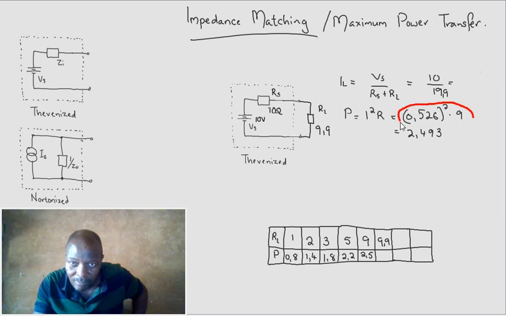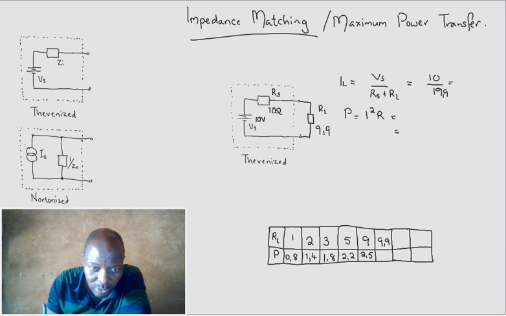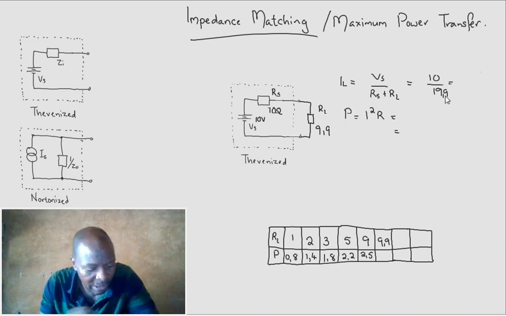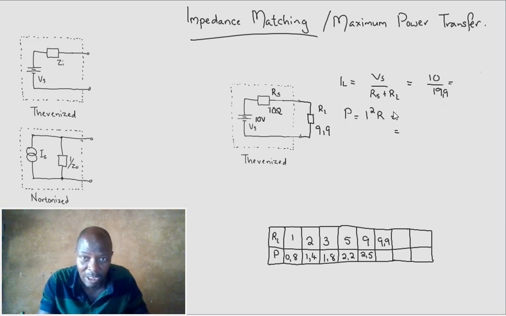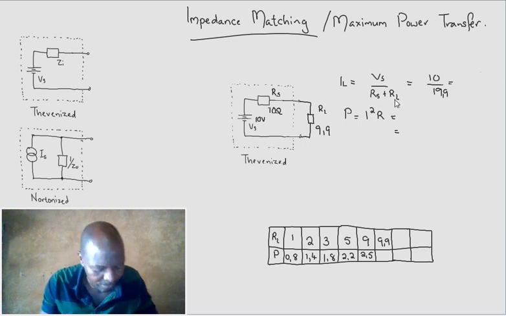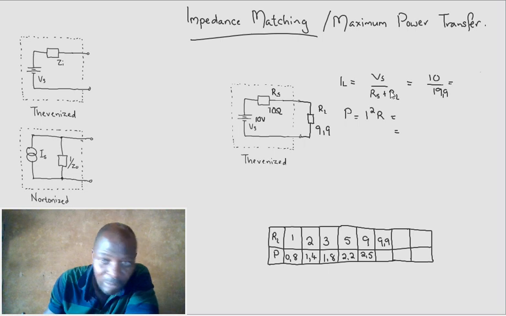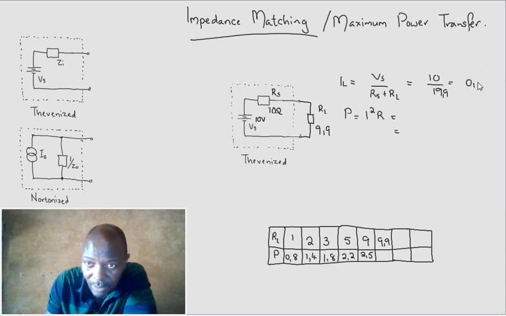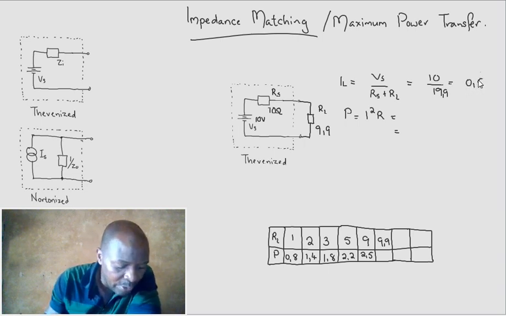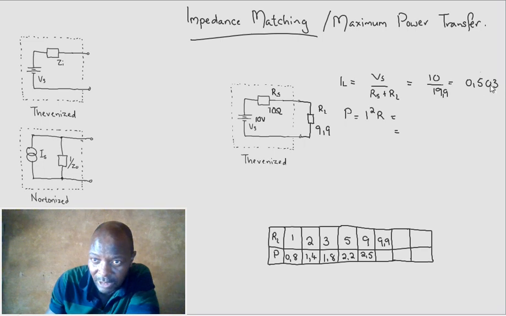Alright, our new calculation now says 10 divided by 19.9, almost half. 10, the supply, plus 9.9 is 19.9. This is 0.503, to 3 decimal places. Now 0.503 is our new current.